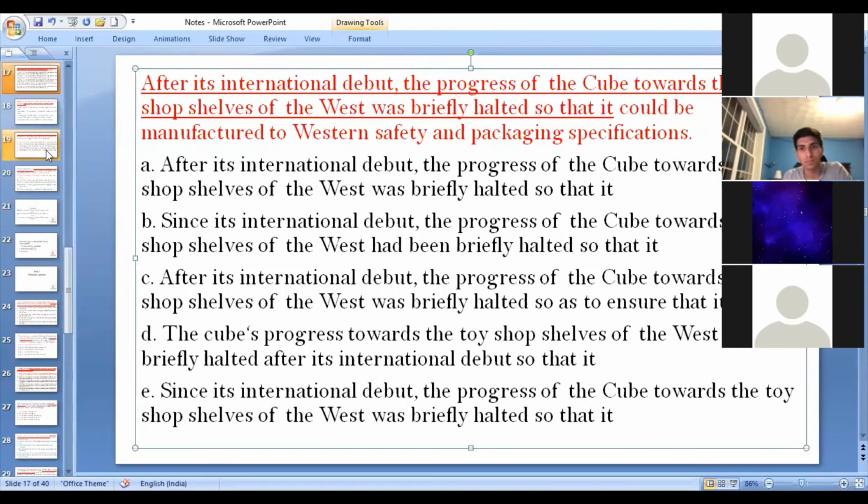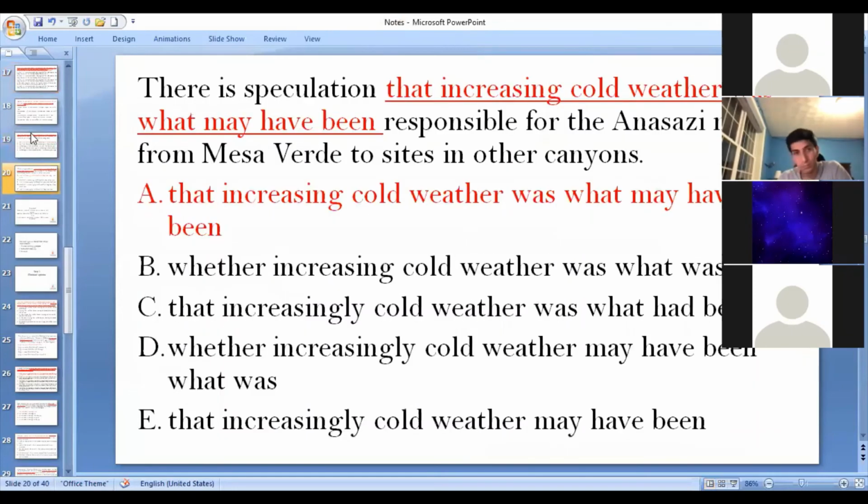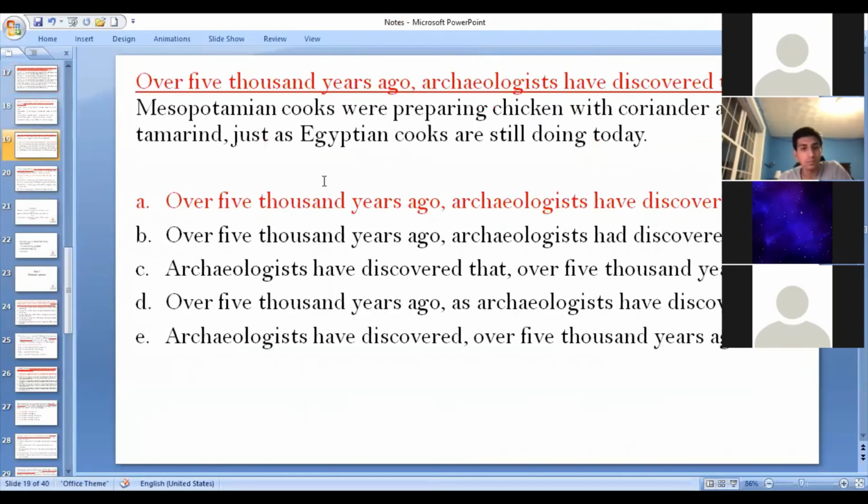Because it wants you to give correct information, and just the placement of a word changes meaning. As in, after its international the progress, it seems that the progress is going to debut. It means there was no progress, so a different meaning. Instead it wants to say that the cube has got the same thing. Same in this question. It is very common sense, but patiently, if you take just 2 to 3 seconds to think, you can find the best option.